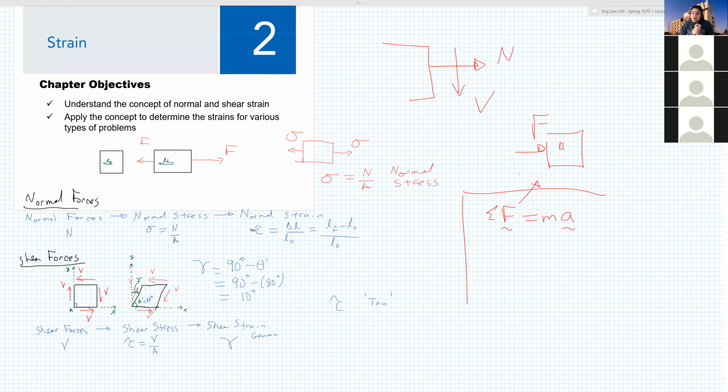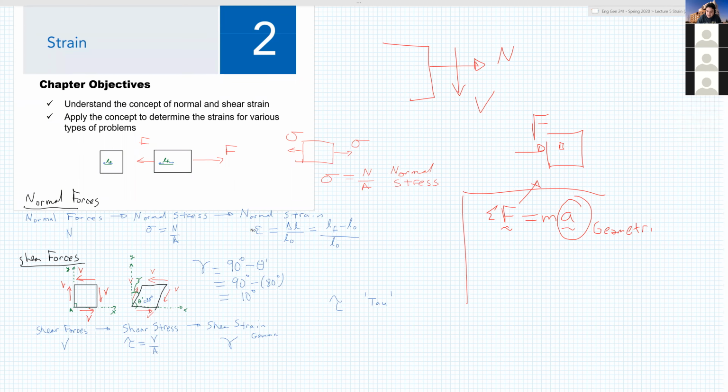But remember, force is what's acting on it. And what is acceleration? Acceleration is the geometric description of movement, right?